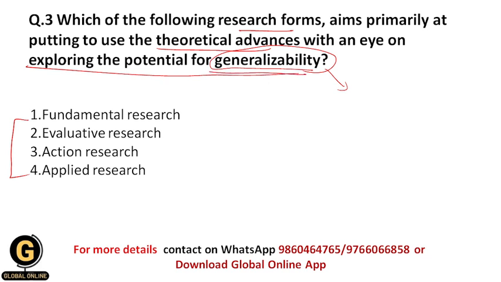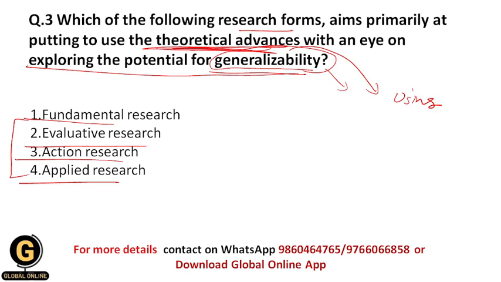So what is that research? Whether it is fundamental research, evaluative research, action research, or applied research. Students, here we are using the theoretical advances, and the meaning of this is that we are using the different laws or principles. In other words, we are applying the different laws and principles to our problems, and by using such laws and principles we solve the problems and get the solution.